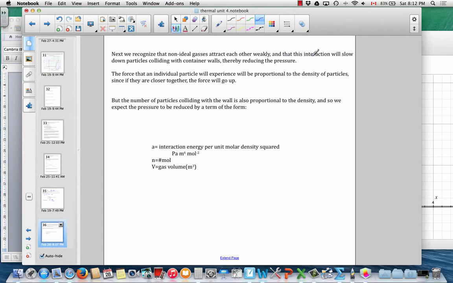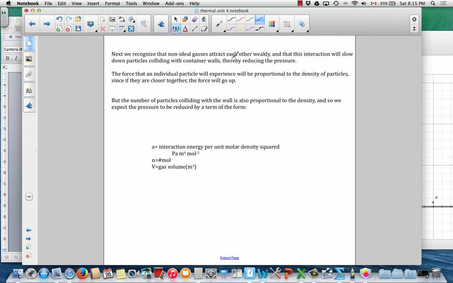Well, it's going to slow down particles that are about to collide with the walls of the container. Slower particles means less collision force when they collide with the container wall, means less pressure, because it's all of those little molecular collisions added together divided by the area that equals the pressure. Okay, so the interaction is going to reduce the pressure, but by what factor? How can we model that?